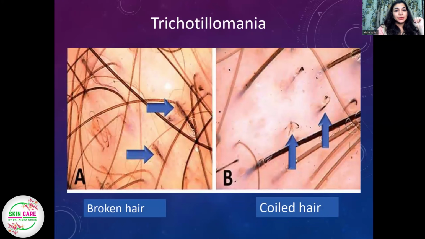You use your trichoscopy and then you see these broken hair. In trichotillomania, since there is a compulsive desire of the patient to pull the hair, and obviously because of that pulling force, the hair tend to break at different levels. They might get broken at the root of the hair closer to the scalp, or they might get broken at different levels.